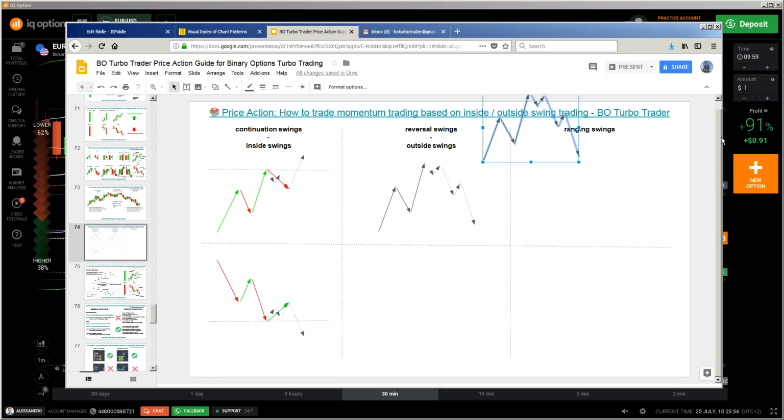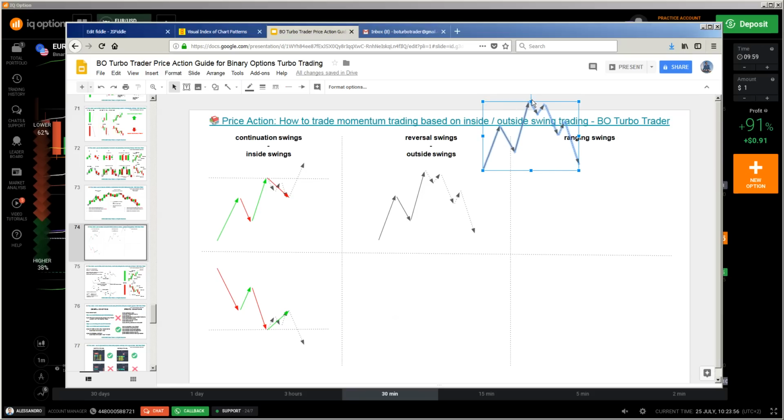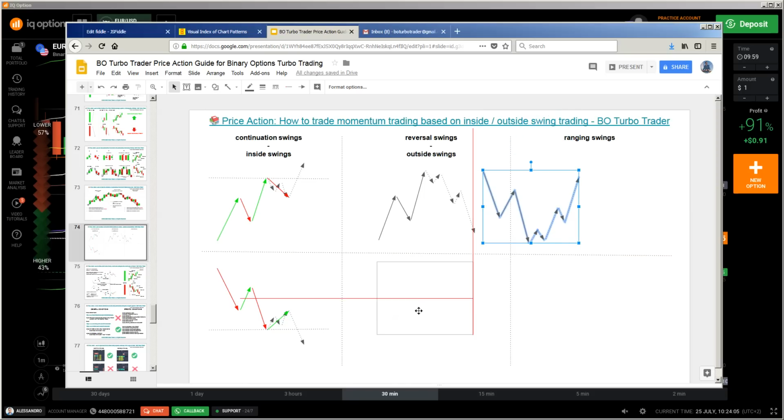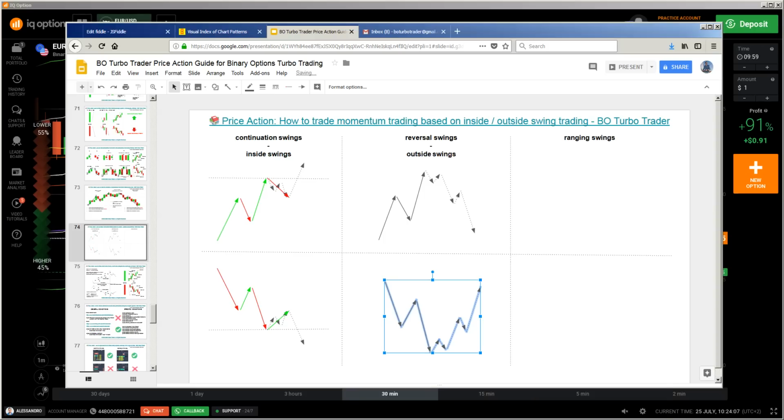Yes, we will move this this way. Okay, so we have this also for the downtrend.